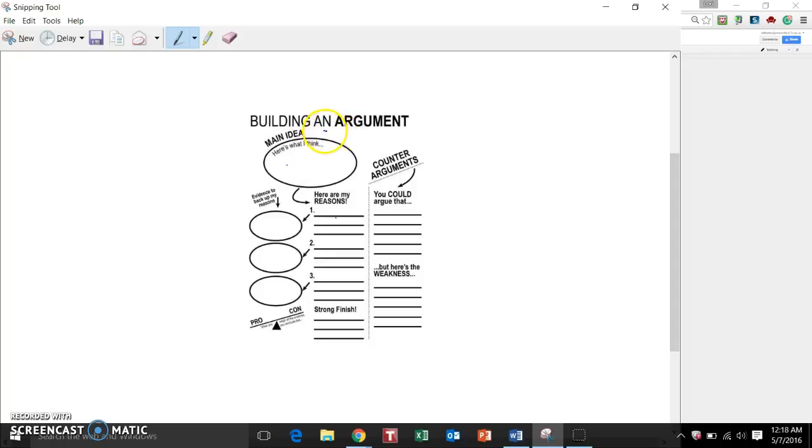I would suggest to write claim right here. Try and write neater than I do here. So this is your claim as a reminder. I would like you to fill in this circle with your claim.